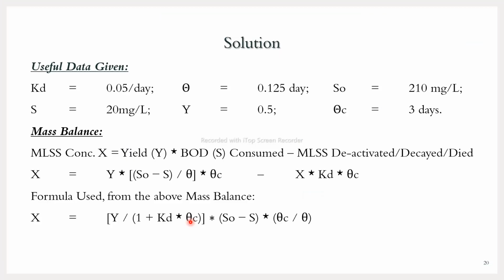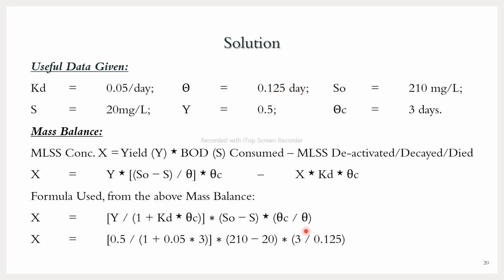Okay. So then X becomes, after putting all those values, yield is 50% divided by 1 plus kd into theta c. So kd is 0.05 into 3. It is your 3 days. So the 3 hours we have calculated in terms of day: 3 divided by 24 equals 1 by 8, that means 0.125 day.